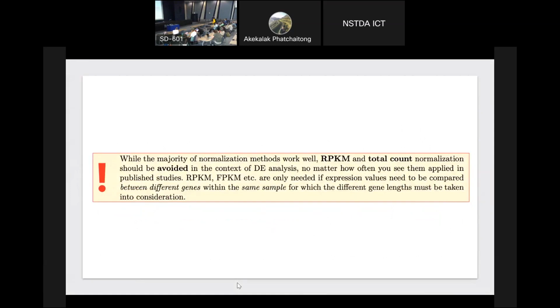RPKM, FPKM, etc. are only needed if expression values need to be compared between different genes within the same sample. Why? Because you are correcting for length, and you should only correct for length if you're comparing different genes. If you're comparing the same gene, the length would be the same, so there's no reason for you to correct for length. The per kilobase there is actually the length, and the other one is the number of counts.